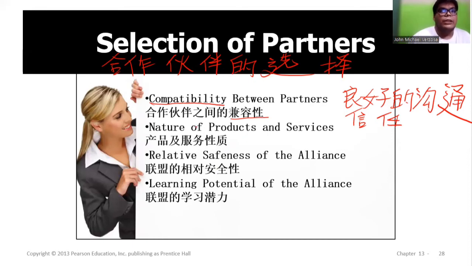Now, the nature of products and services. Again, it will go to the compatibility. Is the strategic partnership selling the correct product or service? Okay. Number 3 is the safeness of the alliance. They have to protect each other.